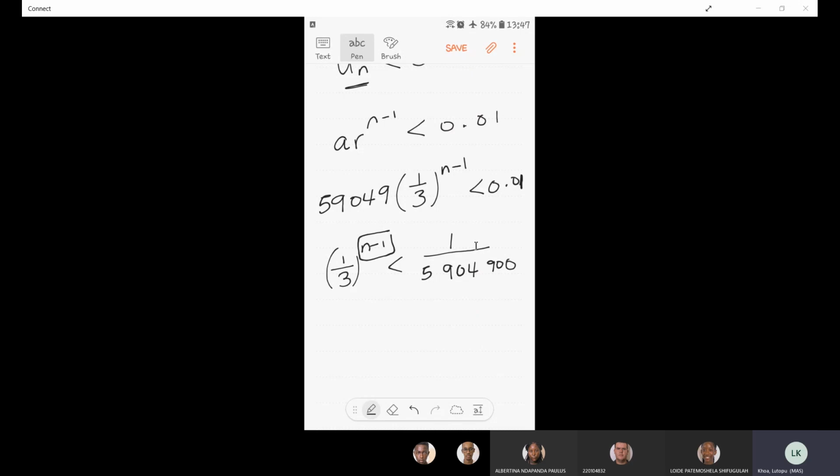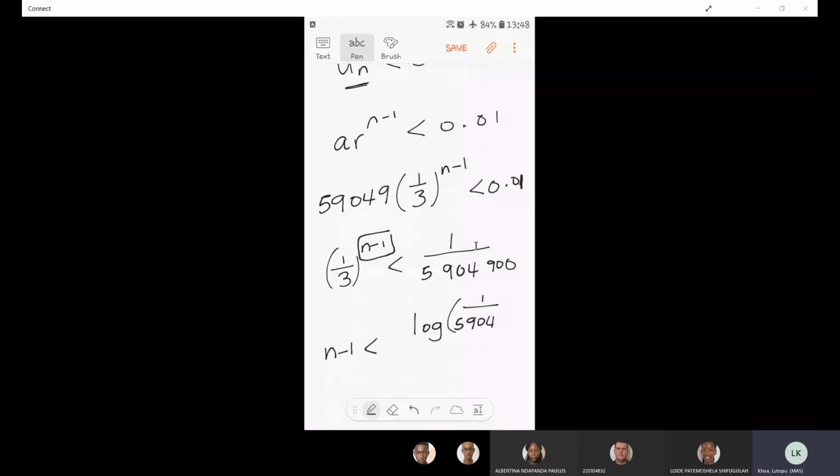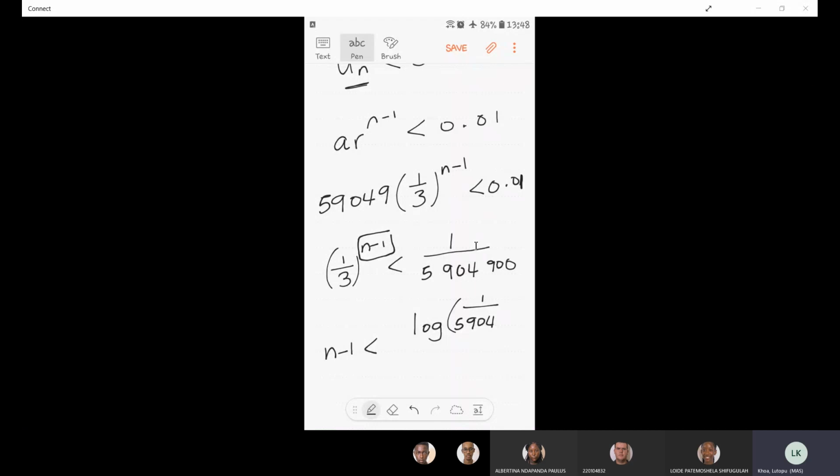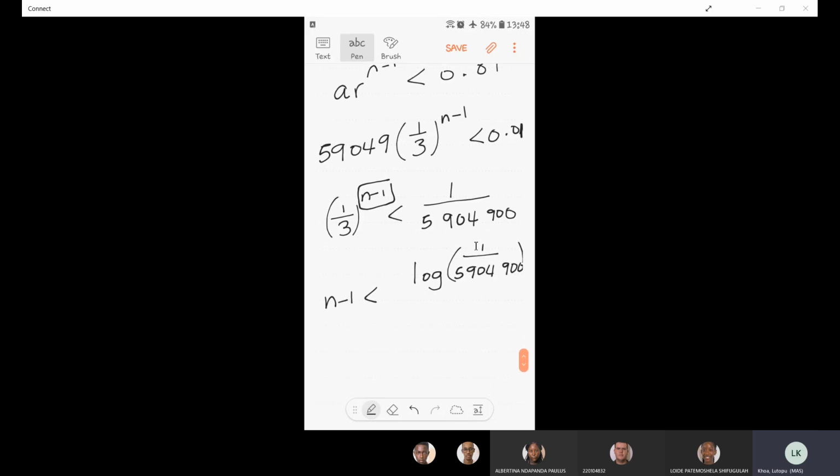Then what you do again to solve this one here, you can take logs on both sides because you are interested in n minus 1. So we have n minus 1 is less than log of 5,904,900. Then you divide this by log of 1 over 3.